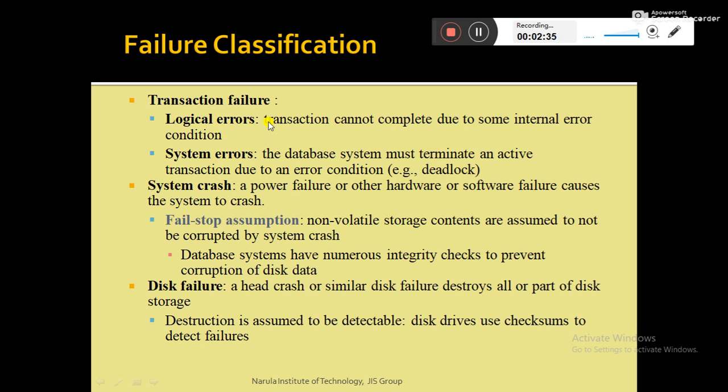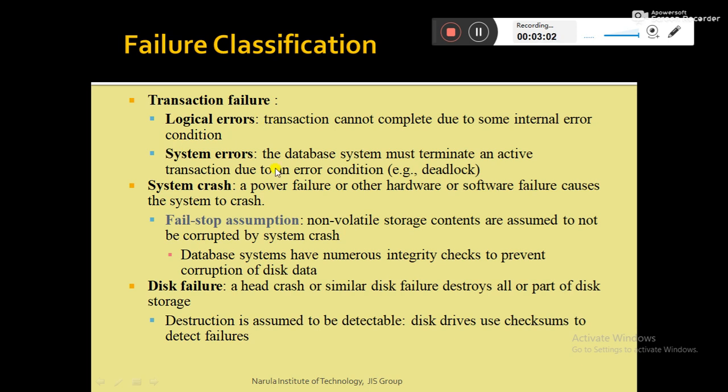Maybe some wrong logic has been written by the programmer, or the variable they are trying to access is not declared properly. All this kind of logical error or internal error within the programming code of a transaction is part of logical error, and due to logical error the transaction is not able to complete its normal execution and it fails.